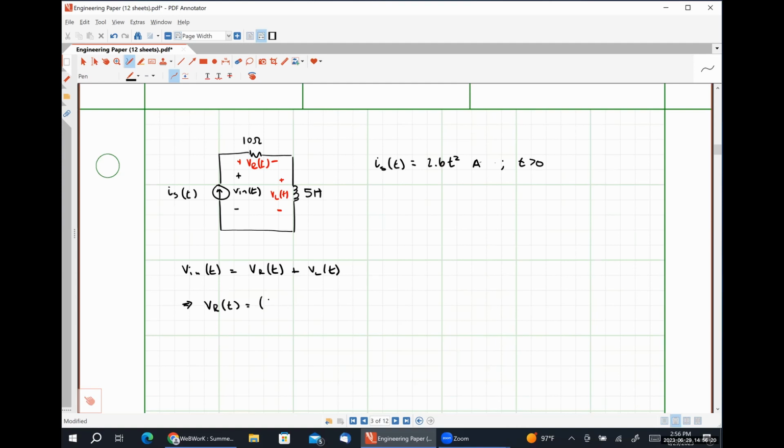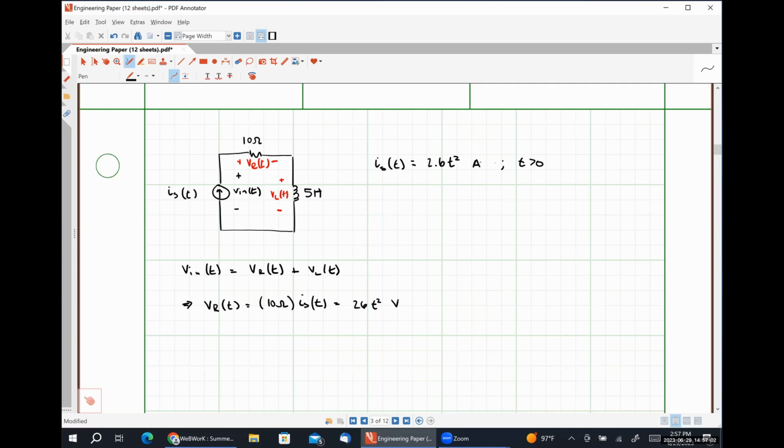So that's just going to be 10 ohms times Is of t. So 10 times 2.6 is going to be 26 t squared volts. Any problems with that? No, I see now. Yeah.